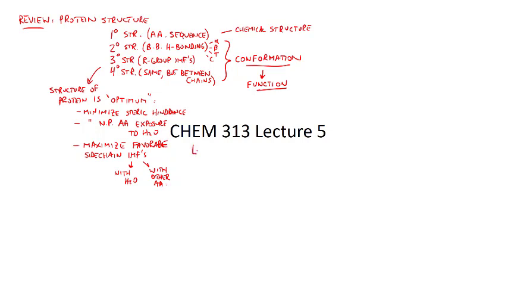So if you were to take the extra bit of time to look at my short lecture, I called it lecture 4.5, where we just looked at some examples of protein structure. One of the things that I hope you took from that lecture, if you watched it, and I encourage you to, is that even though protein structures look very different, they all have some very common themes within them, especially for globular proteins, and most proteins are globular.